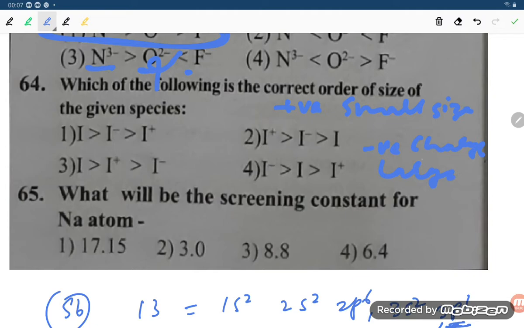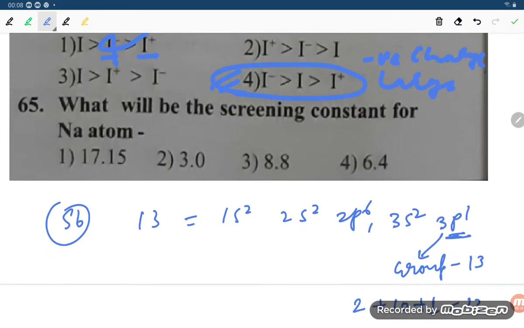The atom will be in between. So the positive charge is the smallest one, and the negative charge will be the largest one. So this is wrong. This will be the correct option, student: negative charge, then no charge, then positive charge. So I minus is the largest in size, then I, then I plus. So the correct option is option number 4.